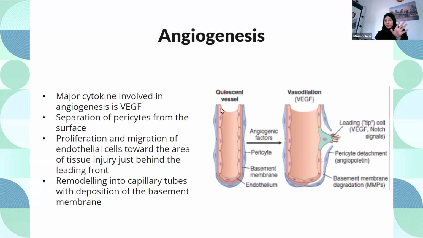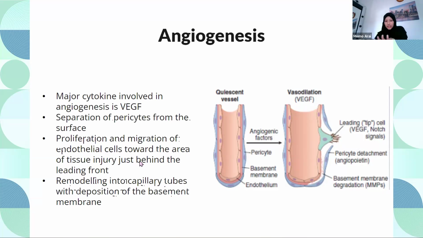Again, this is an existing vessel. Let's say there is an injury. You have this growth factor released, angiogenic factors. This will help the new blood vessels to sprout or come off from it by stimulating the endothelial cells as well as the basement membrane here to separate and to grow from there.